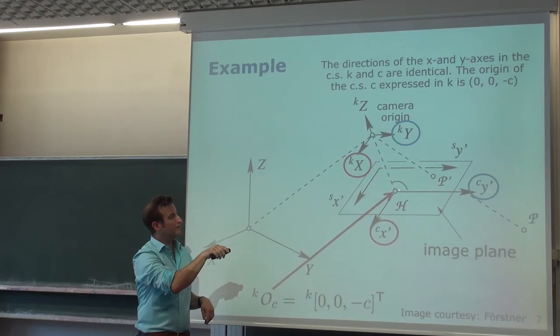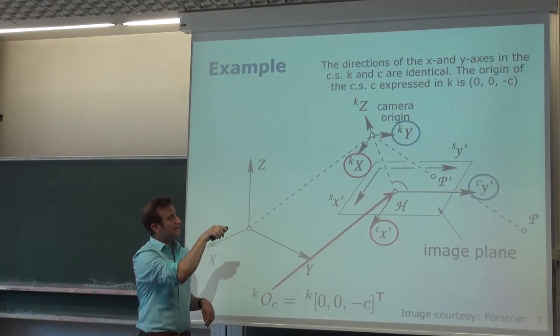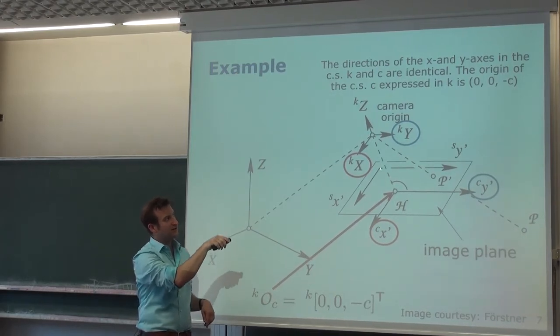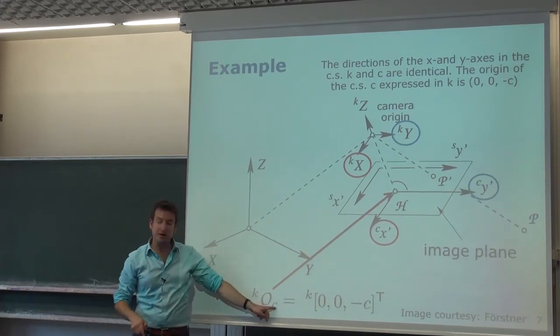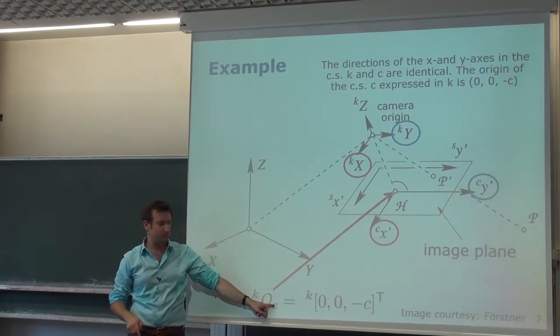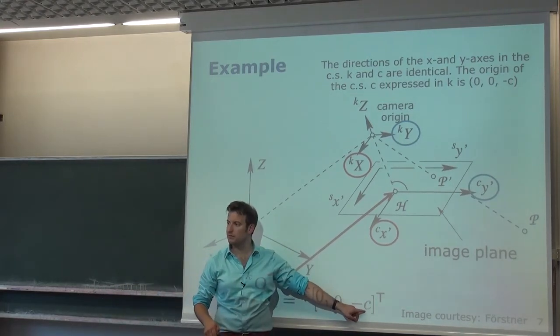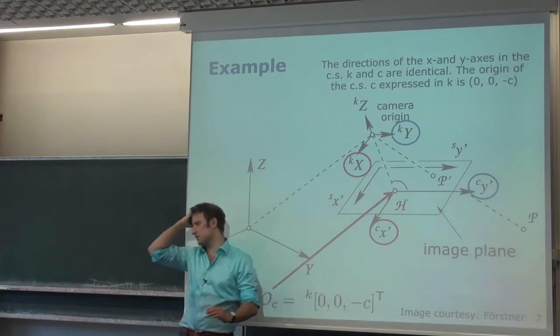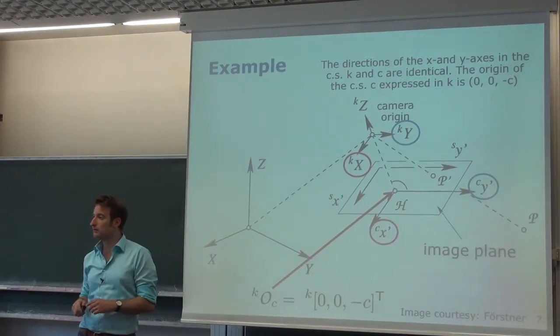So this point here, expressed in this coordinate frame, is actually at 0, 0 for x and y. The only thing is, in the z direction, I have a distance of c. So the origin of my image plane, expressed in the camera frame, is 0, 0, minus c. Right? So there's a fixed transformation between them. They are strongly linked.